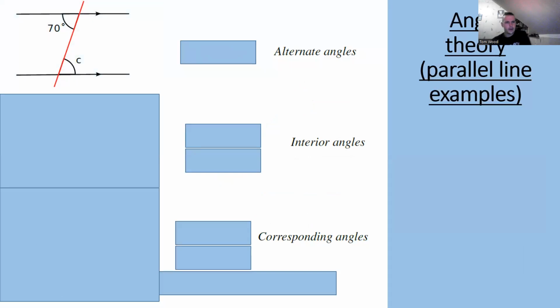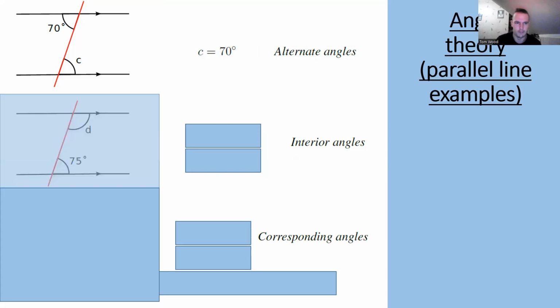So if I want to look at this example here, if that angle in the top left is 70 degrees, then angle C itself will also be 70 degrees. If you imagine I cut that and spin it around, it's going to be the exact same. If I'm looking here, this is essentially an interior angle, or a C angle.